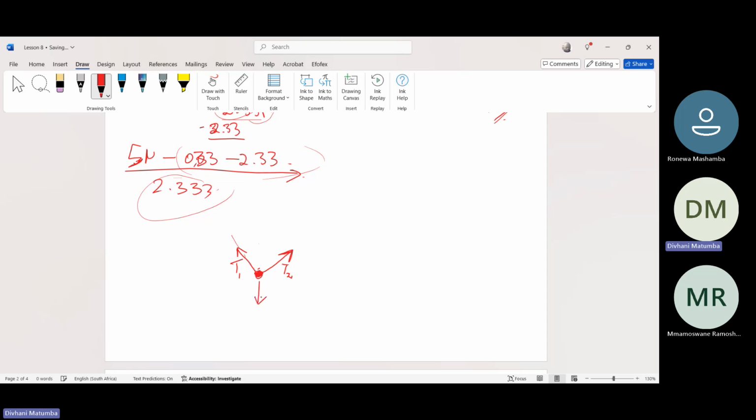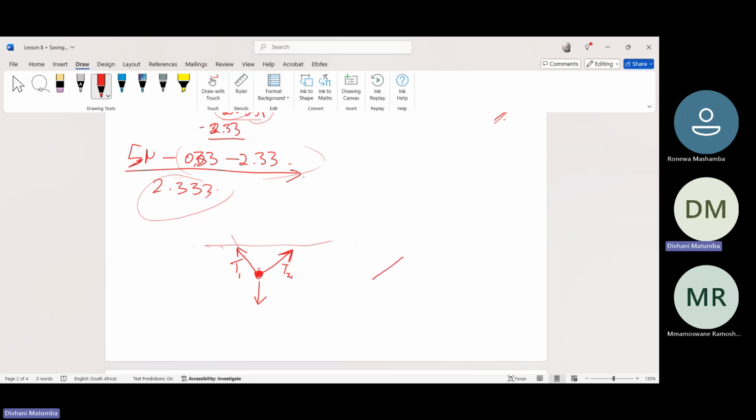Also, there will be a force of gravity. So if you have been told in the exam that your system is in equilibrium, then you can use the triangle method as you please, because this is what you're going to do.